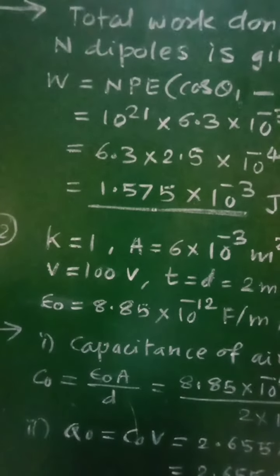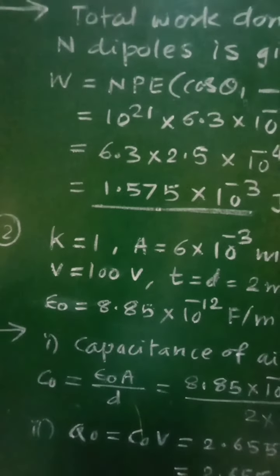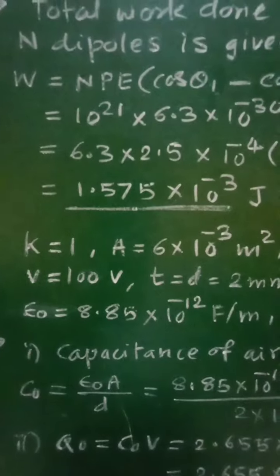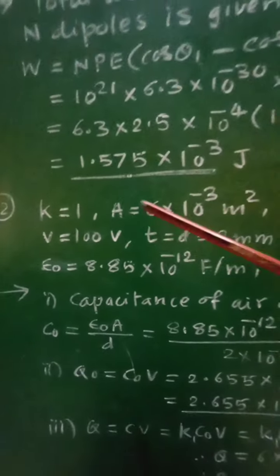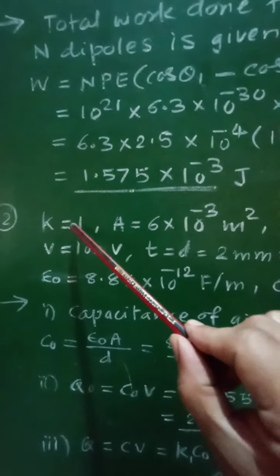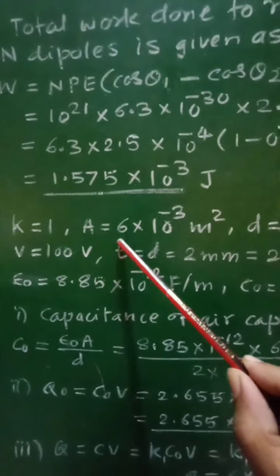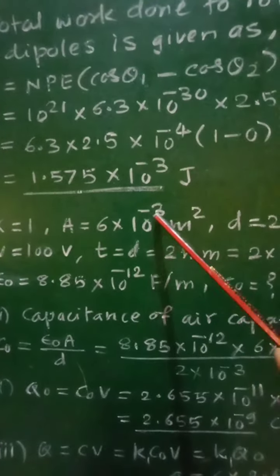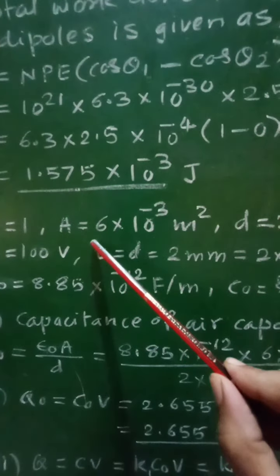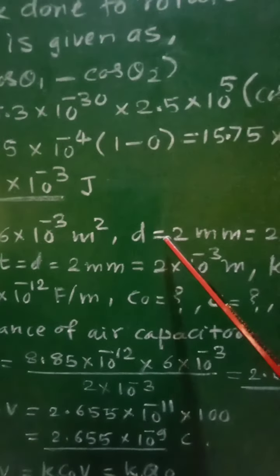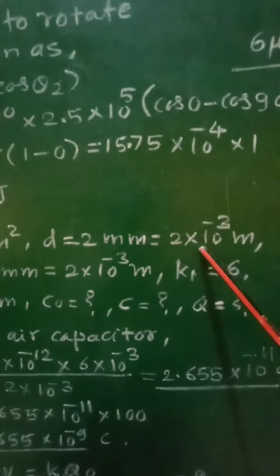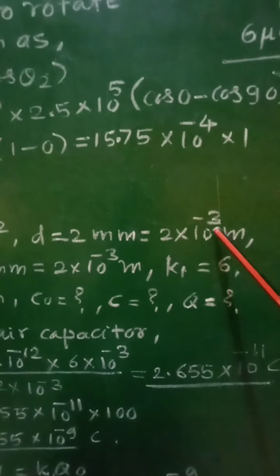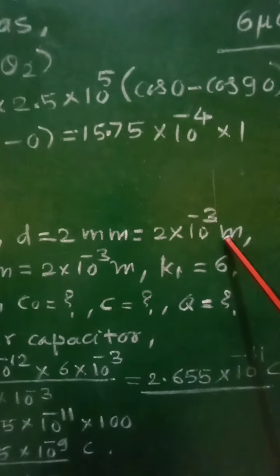So the dielectric constant for this third question, K for mica, is equal to 6, and therefore the given data for this is, for air filled capacitor K will be equal to 1. Area of each plate is 6 into 10 raised to minus 3 meters square, that is A. Then distance between the two plates is D is equal to 2 millimeter, which will be written as 2 into 10 raised to minus 3 meter.